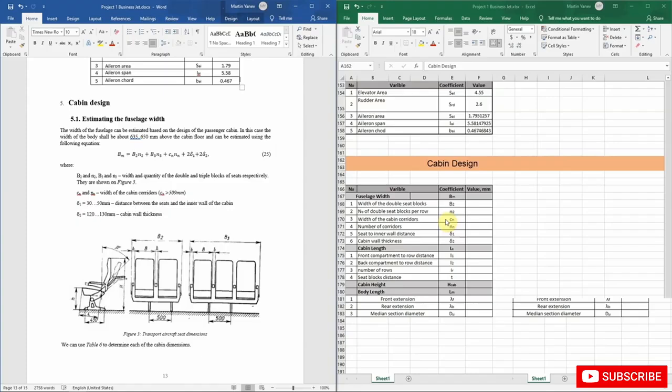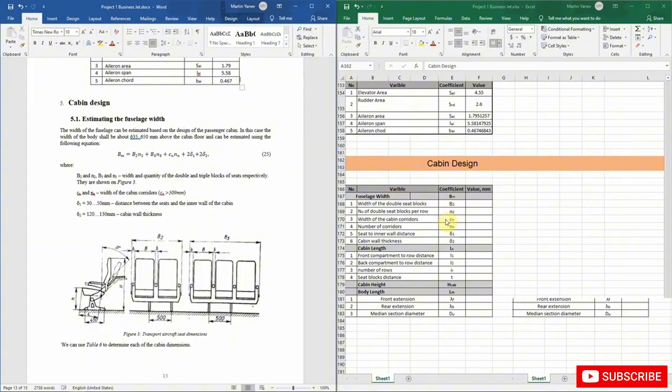Between the seats you need to have a corridor in order for the passengers to be able to board and leave the airplane. So C represents the width of that corridor, and N simply represents the number of corridors. It is that simple. So when you estimate them, you get the total width of the corridors. And finally B1 and B2 are simply estimating the distance from the seats to the wall and then the thickness of the wall. That's it.